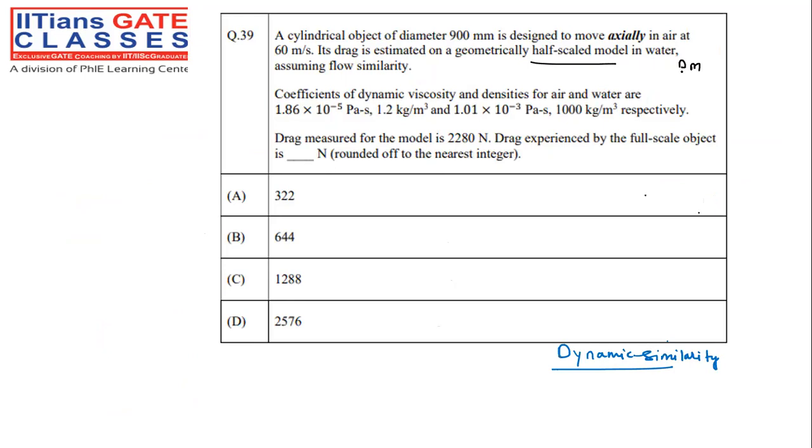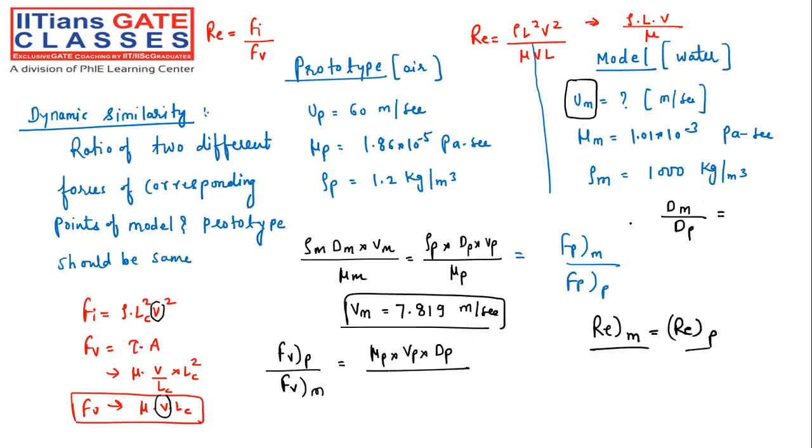That means dm by dp will be 1/2. They directly mention it, so you should not forget this. Further, mu p that has been given in the problem is 1.86. Let me just remove this part.